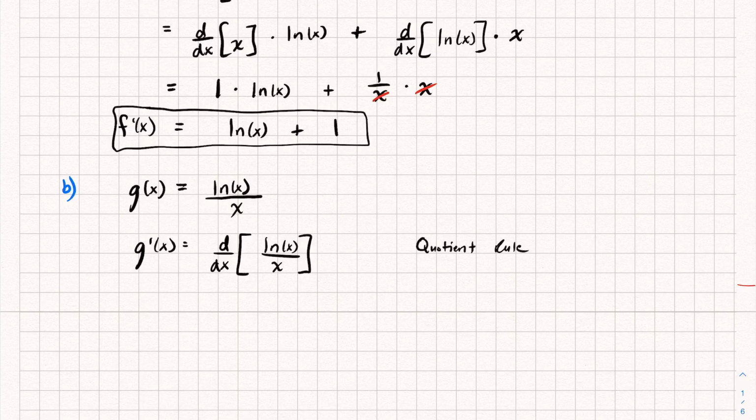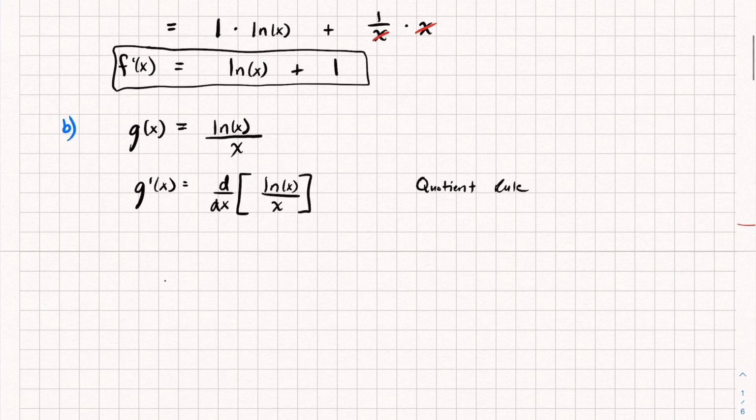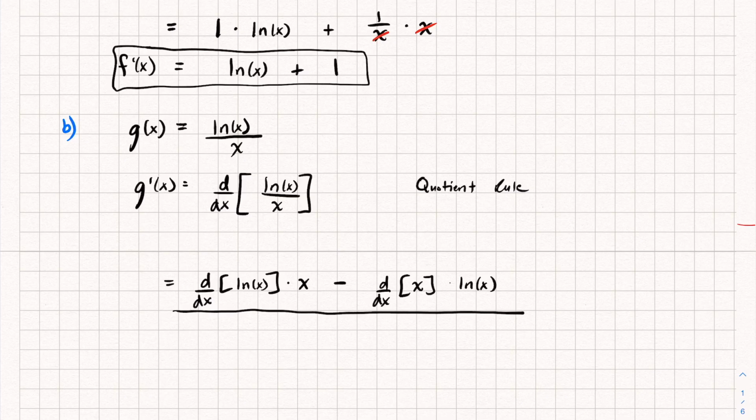So I need to follow what the quotient rule says to do with this. So by definition, quotient rule says derive the top times the bottom minus derivative of the bottom times the top. And this is all divided by the bottom squared.